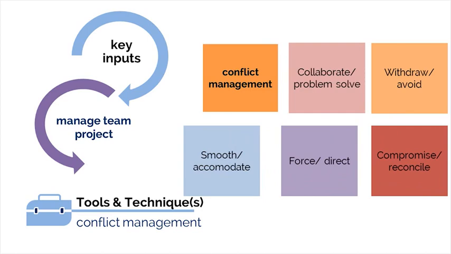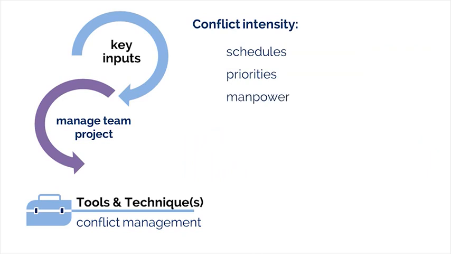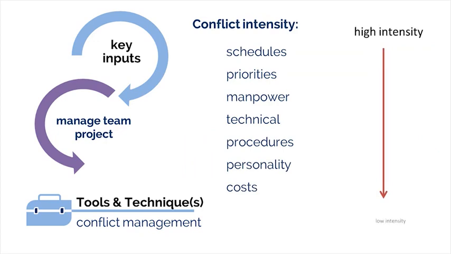This requires a give-and-take attitude and we refer to it as a lose-lose scenario. When we compromise, we both lose a little because each side has to give up something. Thus, you bend and I bend. When managing conflicts, you should be aware that the highest intensity of conflicts occurs over schedules, while the lowest intensity of conflicts occurs over cost.